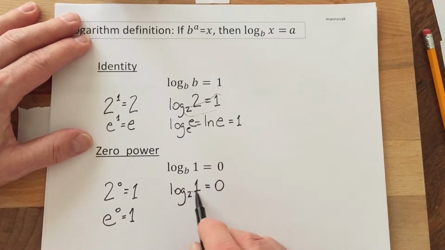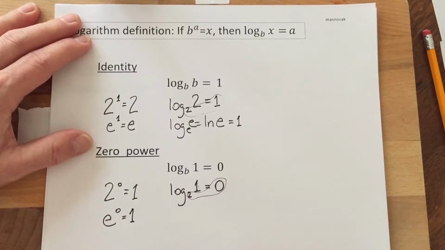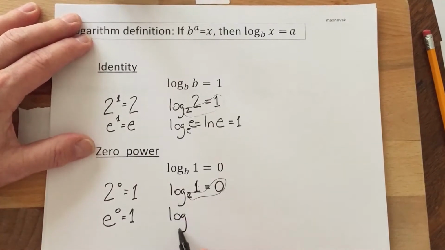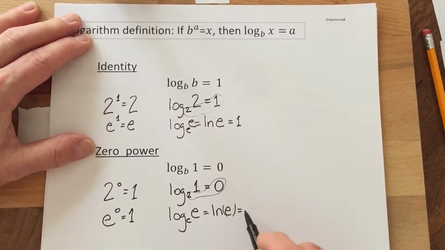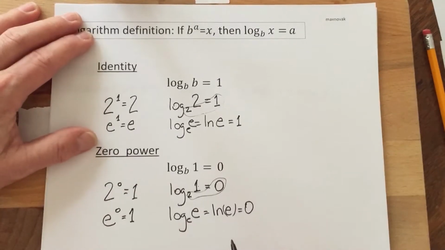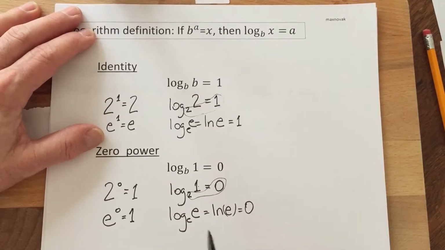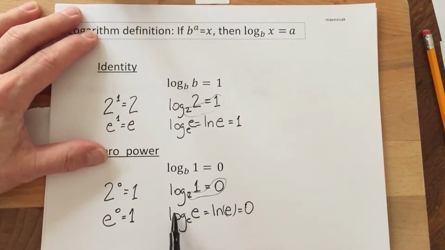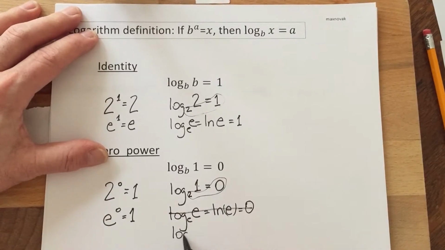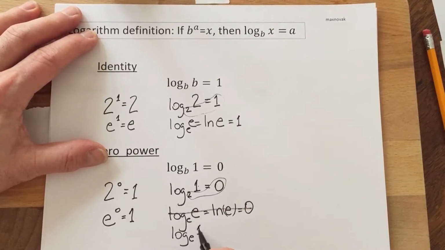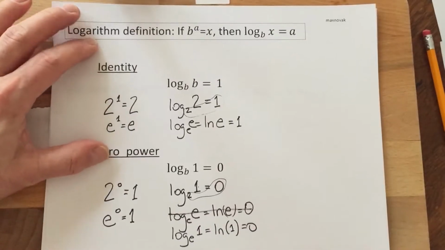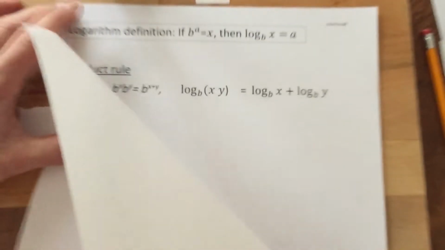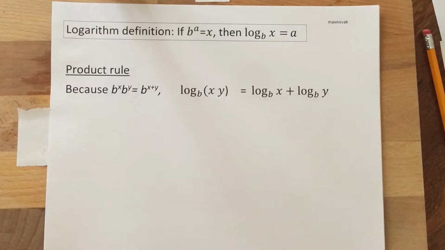That is, we raise 2 to the power of 0 to get to 1. Similarly, the log base e of 1, also known as the natural log of 1, is 0. Okay, now let's go on to some more complex ones.